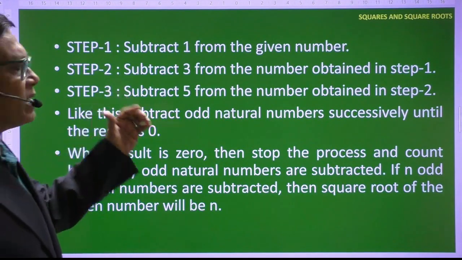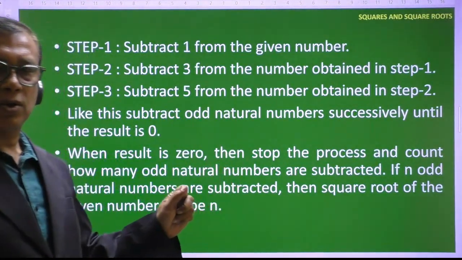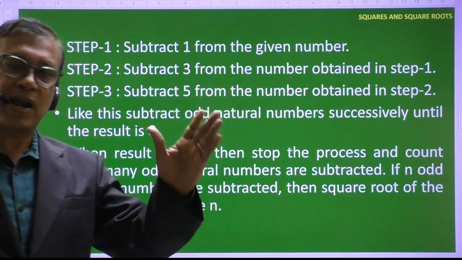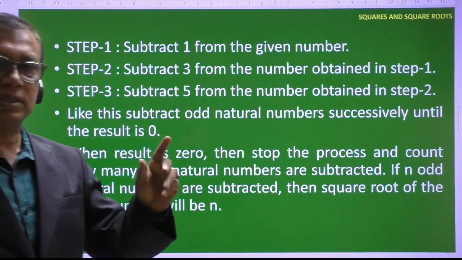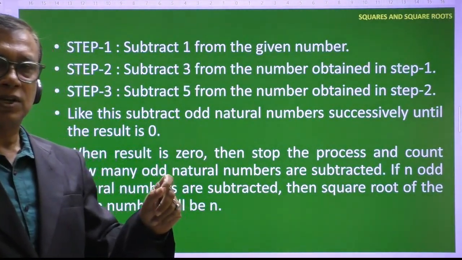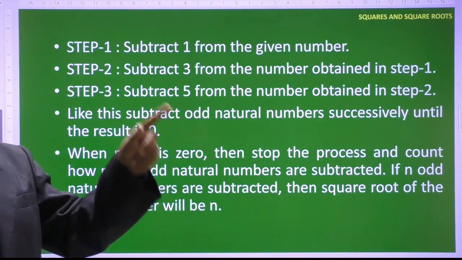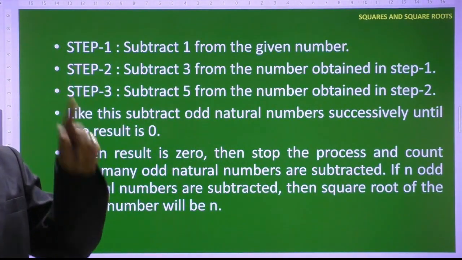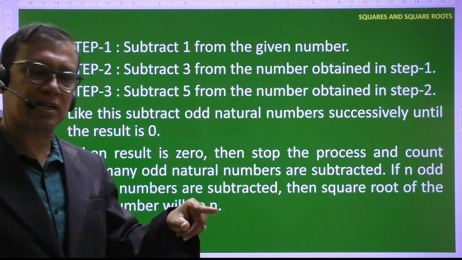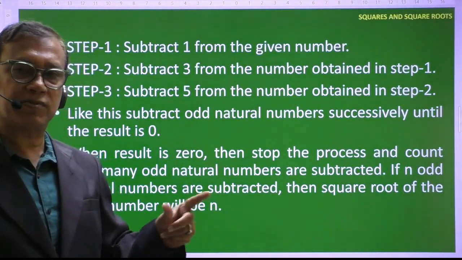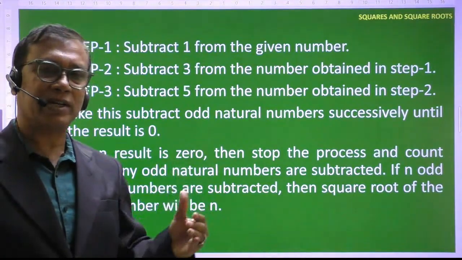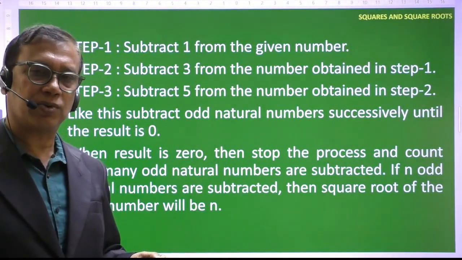So basically, very simple thing. First we will subtract 1 from the given number, that is the first odd natural number. Then from that result we will subtract the second odd natural number, 3. From that result again we will subtract the next odd natural number, that is 5. In this way we will continue until we get the result 0.